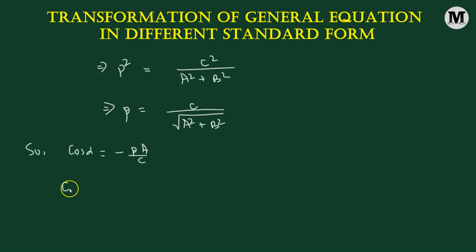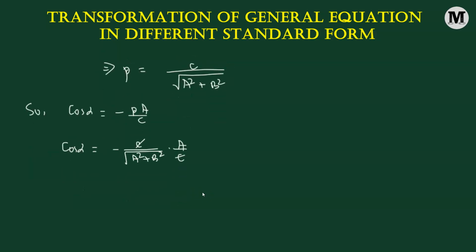If we replace p with c over the square root of a squared plus b squared, and we already have a over c, then c and c are going to get factored out, and that's going to give us the value of cosine of alpha as negative a over the square root of a squared plus b squared.